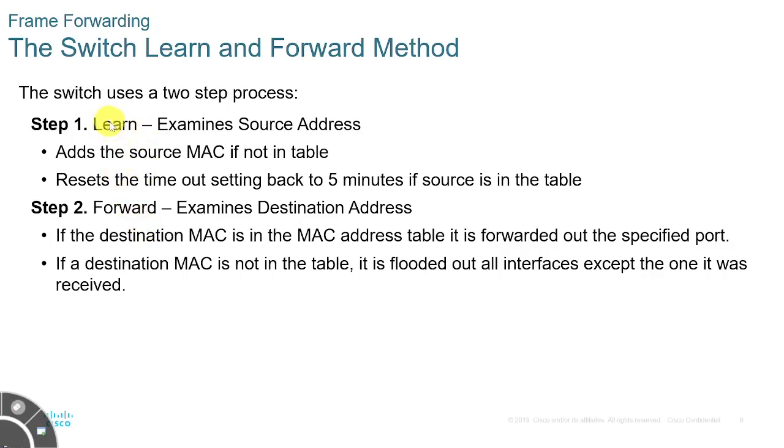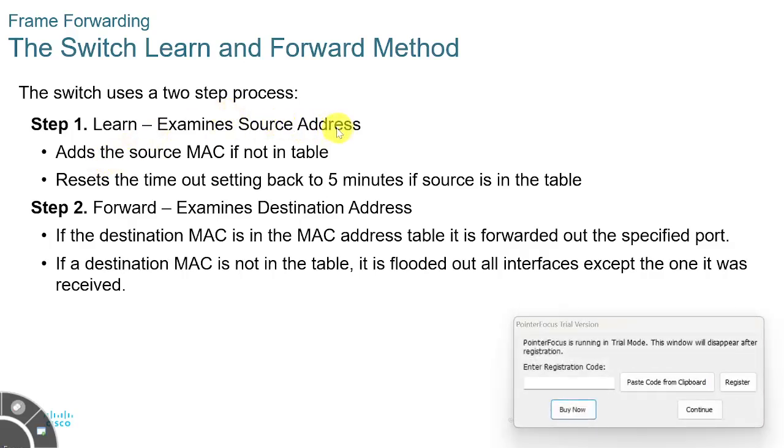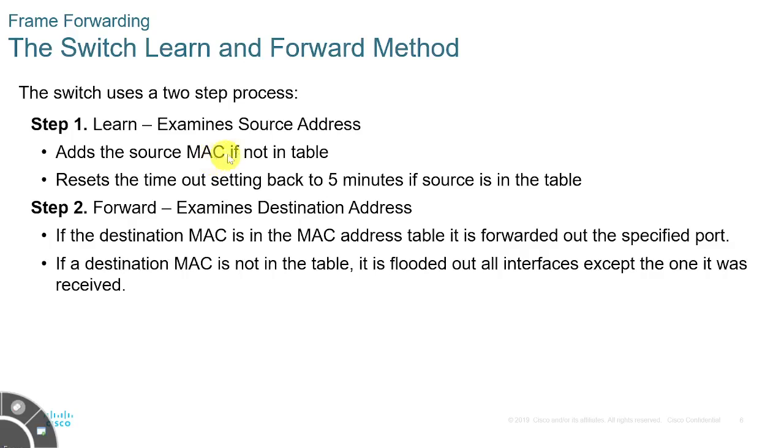In the first one, learn, it examines the source address, so it works on the source address. When the switch receives the frame, it examines the source address within this frame. It looks at the MAC address table. If this source MAC address is not in the table, the switch will add this source MAC to the table, and then reset the timer.